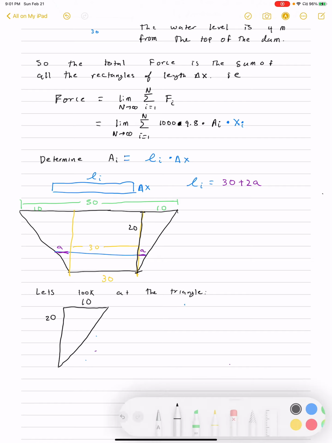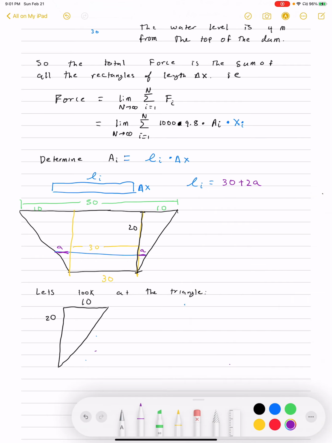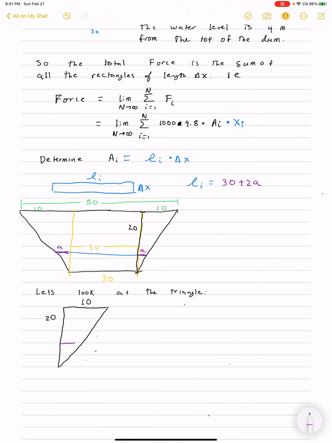I'm going to call this little piece here A. Now remember, there was a water level, and we went down from here to here, that's x sub i.